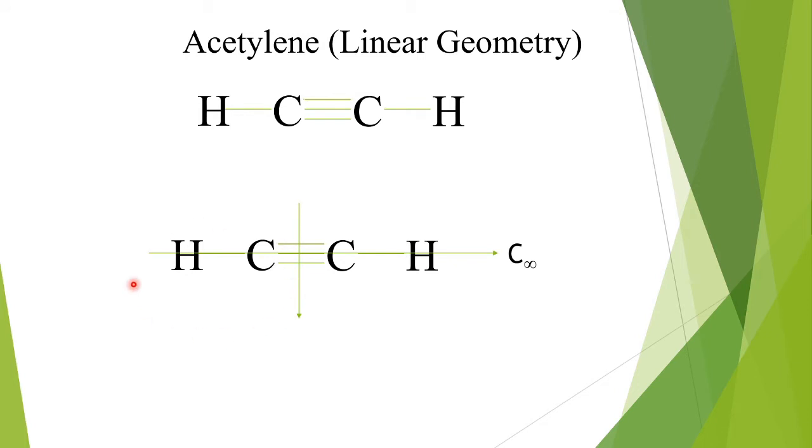So while rotating through 360 degrees about the axis which passes through the middle of the triple bond, we will get two similar appearances.